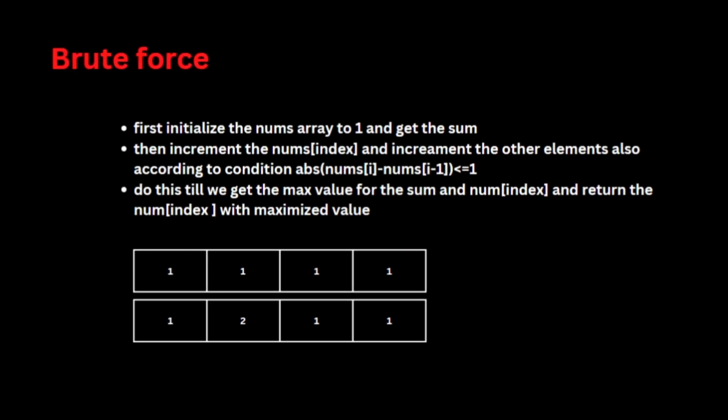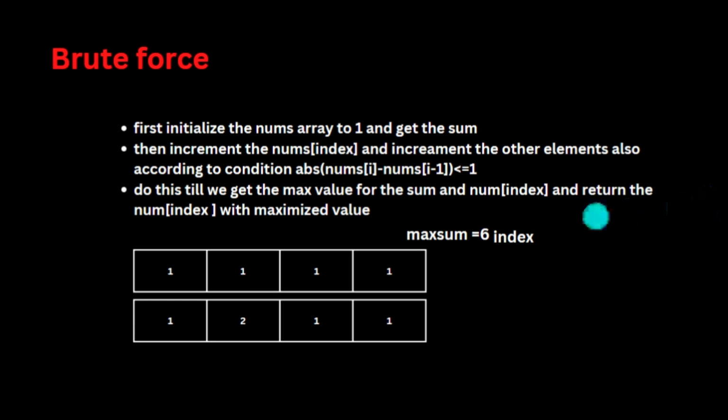So let's think about the solution, how we can do this. Let's first go for the brute force solution. First we initialize all the elements of the array to 1 and get the sum. Initially, as all the array elements equal 1, the sum is also equal to the number of array elements, that is n.